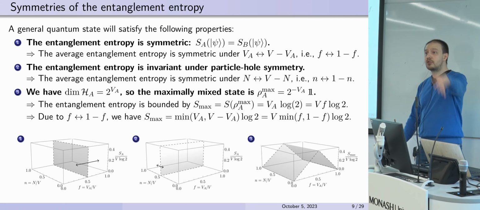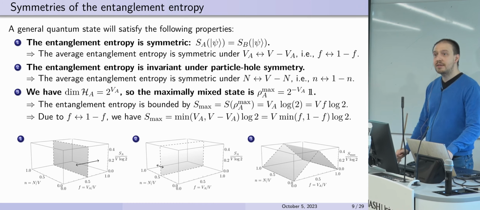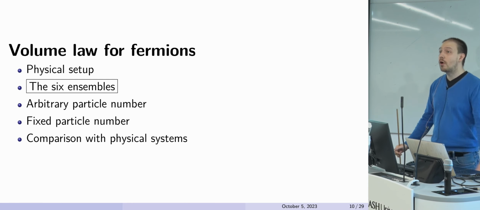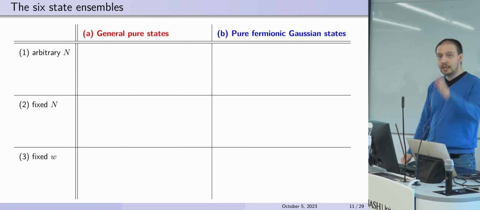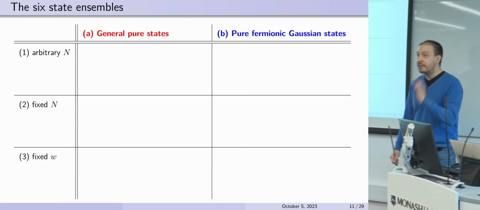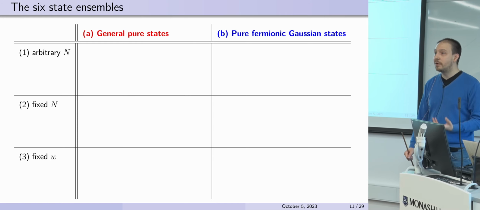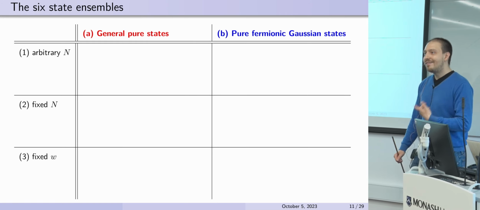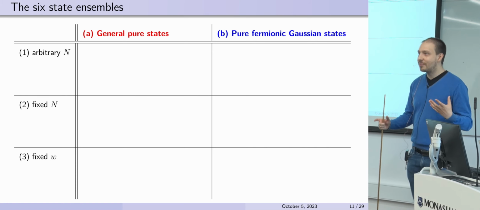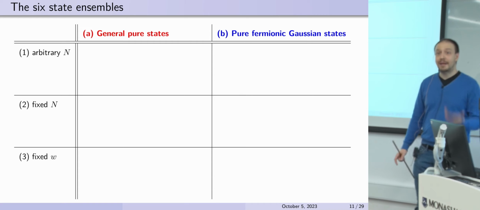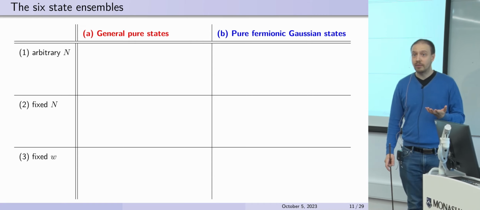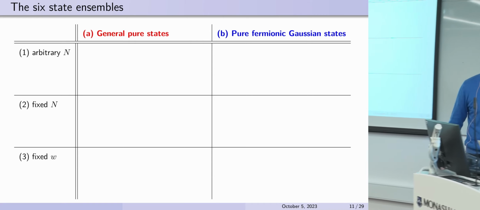Okay, with these properties, let's now look at ensembles for which we can compute the entanglement entropy. And here, based on the question before, we definitely want to define ensembles that are nice enough that we think they describe useful physics, but they are also nice enough that we are able to make analytical progress. Yeah? So not doing just numerics.